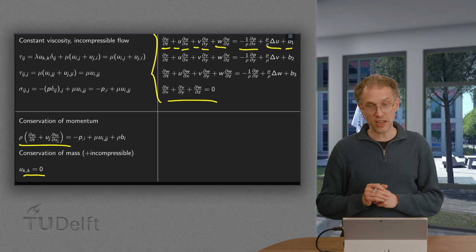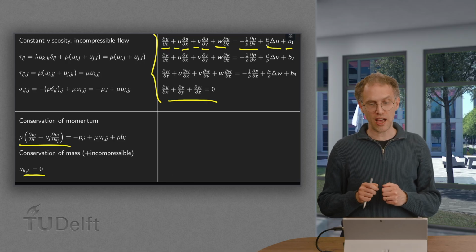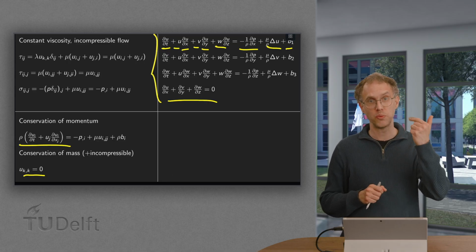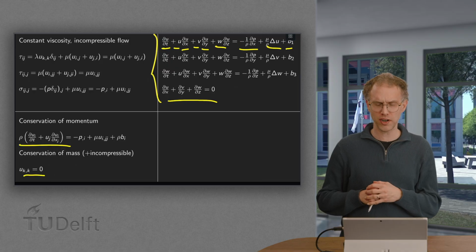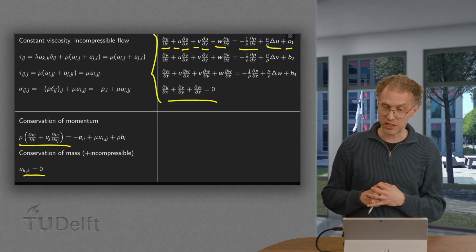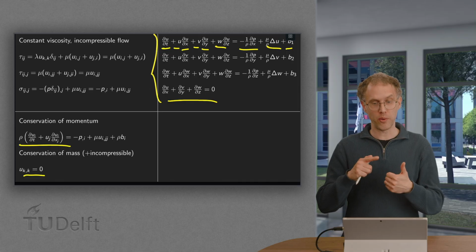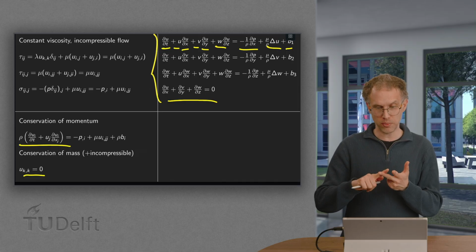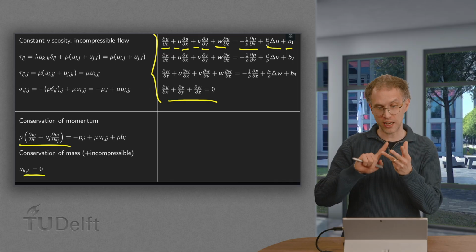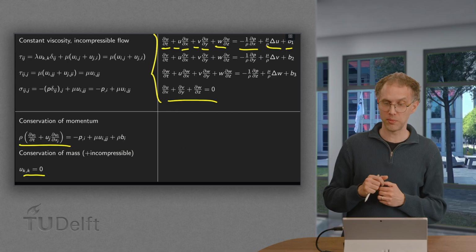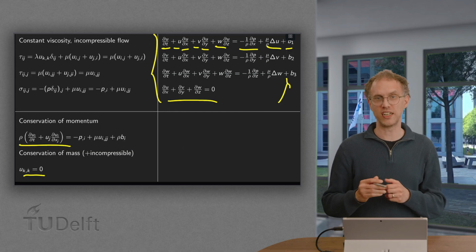So let's take a look. What do we have? We have as independent variables x, y, z, and time. So 4 independent variables. What are our dependent variables? Well, the u, the v, and the w, and our pressure, 4 dependent variables, and b, the body force, is given.